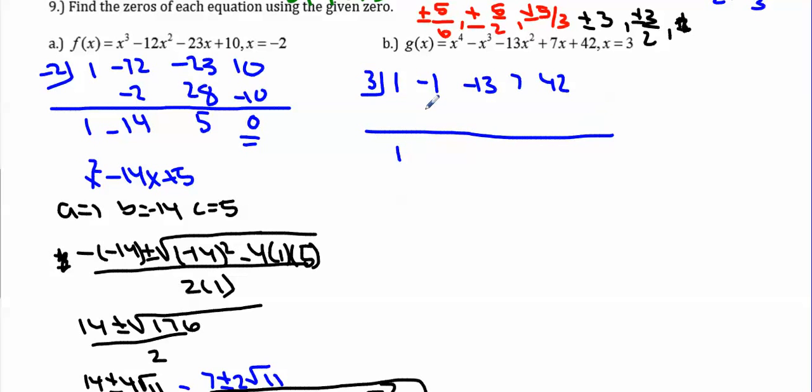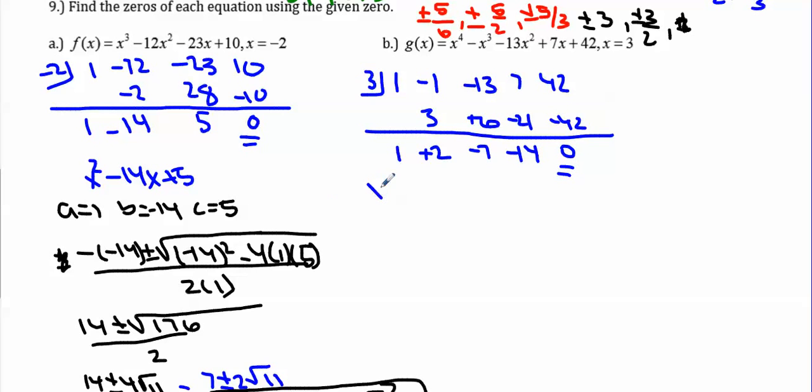So I have 1, or it will be 0. 3, negative 2, negative 6, 3, negative 2. Sorry, that's positive 2. Positive 6. So that's negative 7, negative 21, negative 14, negative 42, and 0.